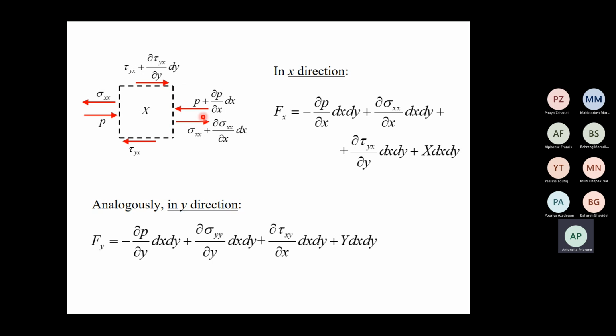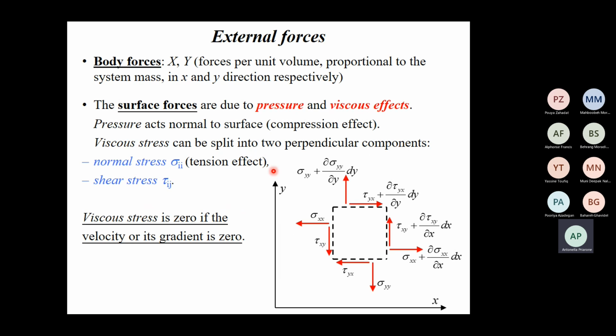So they are all forces normal to the boundary of my domain, of my control volume, in compression direction. And then I have the shear stress. The shear stress is forces, I have viscous effect. Viscous effect are divided themselves into components.